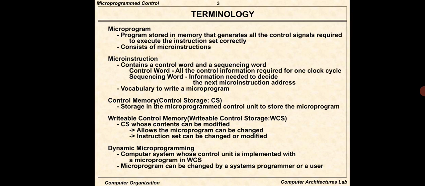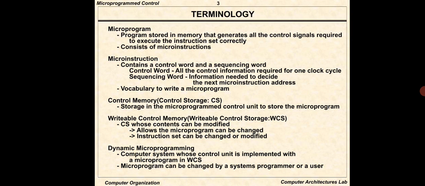The control word field gives the information about all the control information required for one clock pulse. That information will be stored in the control word. Next, the sequencing word field gives you the micro instruction address where the next micro instruction should be executed.